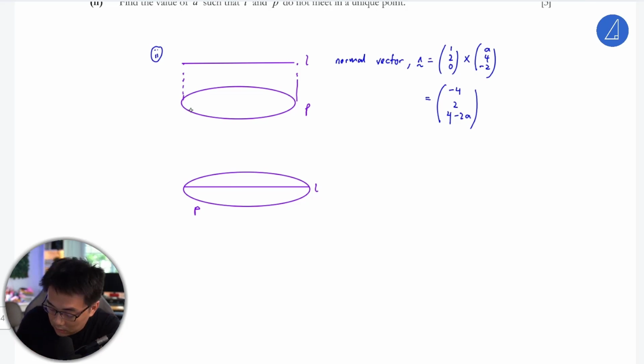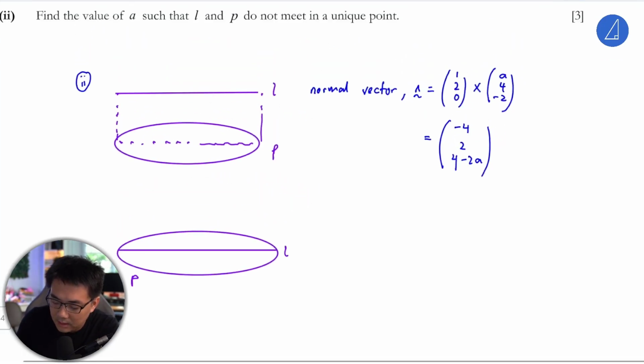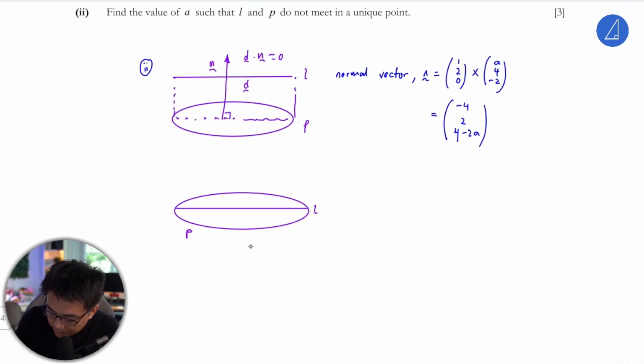So essentially, this is what we want: d dot n is equal to 0. Because the normal is here, the normal dot d will be 0. But this is where L satisfies the line equation and the plane equation.